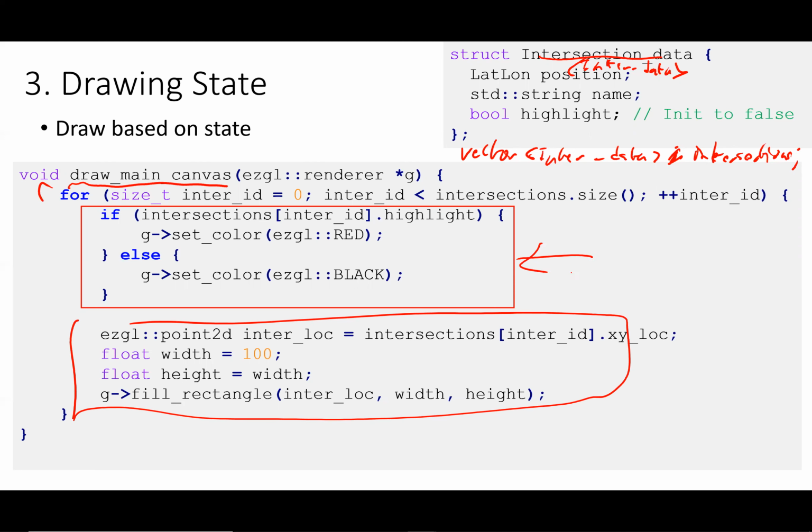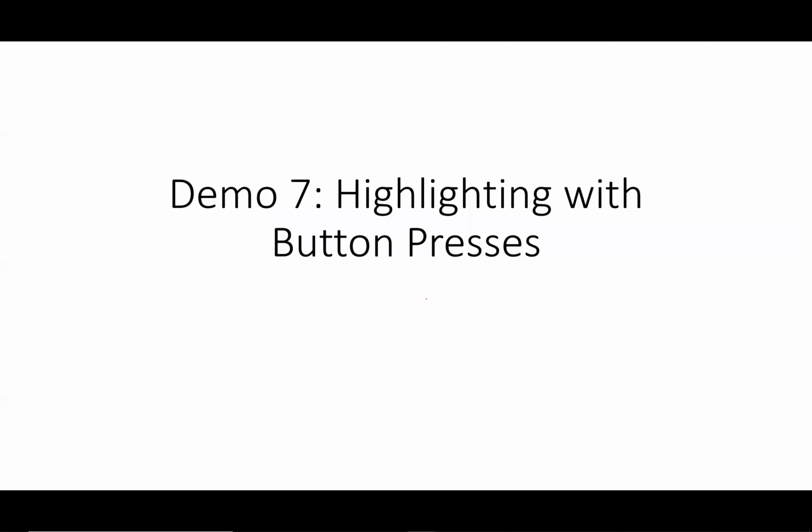I've added in this new code, and all this new code does is say, if this particular intersection is highlighted, then I want to draw it in red, otherwise draw it in black. So I just change the color. All seem clear? Okay. So let me quickly demo that.